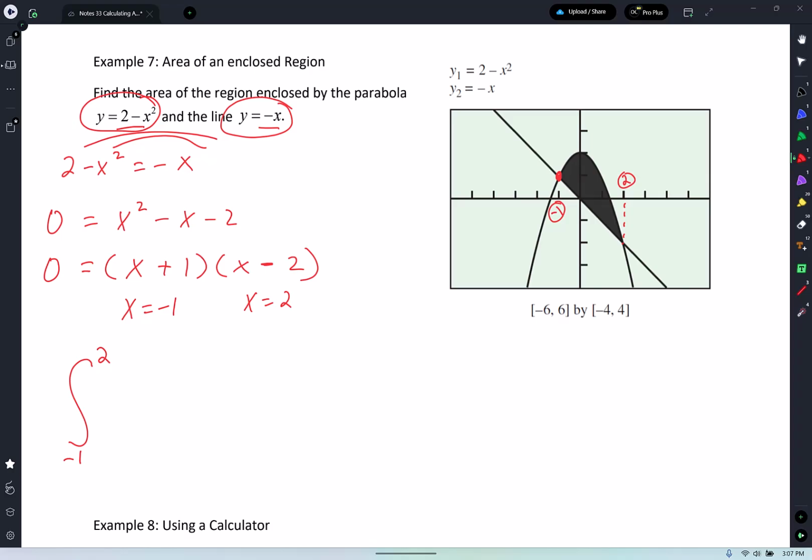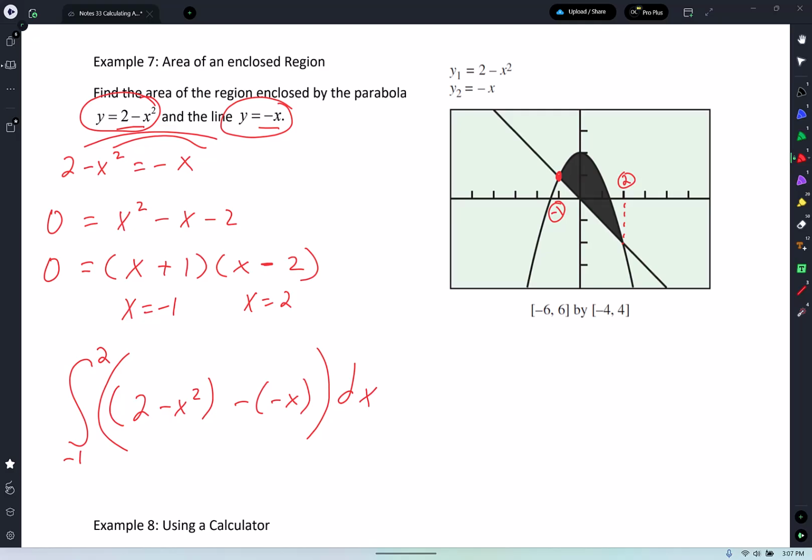If we pick 0, that y value is 2, and that y value is 0. Oh, this one must be on top, this one must be on the bottom. See? The bigger number is always on top. So here it is, parenthesis, 2 minus x squared, close it, minus a negative x, dx. Giant parenthesis like that, in case you like it.